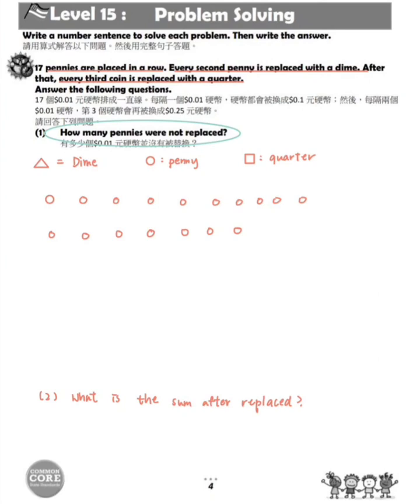Then it is saying every 3 coins is replaced with a quarter. So now every 3 coins will change the circle to a square.